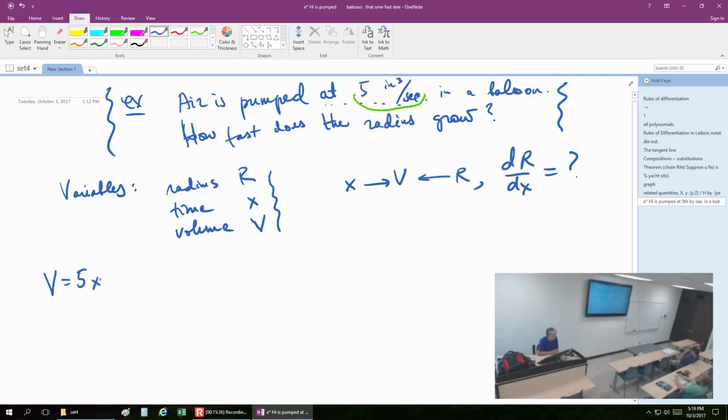That's what you said, 5t, which is indeed exactly right if you are pumping per unit of time t, you multiply by 5, and then you have 5 cubic inches per second. What I'm saying is that there's a more general way to put it, and that is simply dV/dt is equal to 5 at the moment.